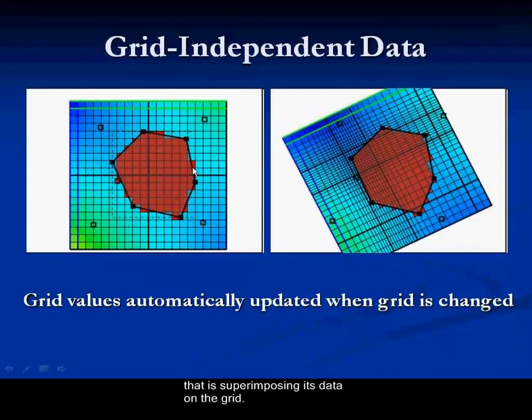And then there's a polygon, and it's superimposing its data on the grid. When I drastically modify the grid by refining it in some places and rotating it, the data is still applied appropriately. All the cells inside the grid are colored properly. You have these data points, and it's interpolating among them.